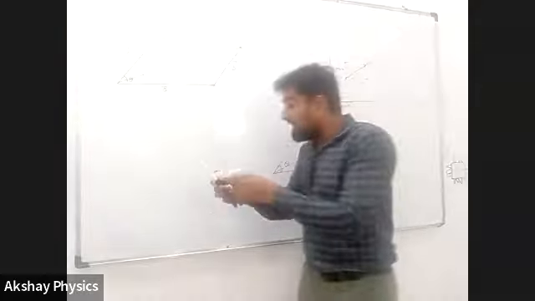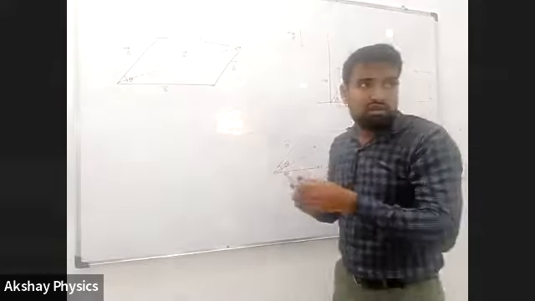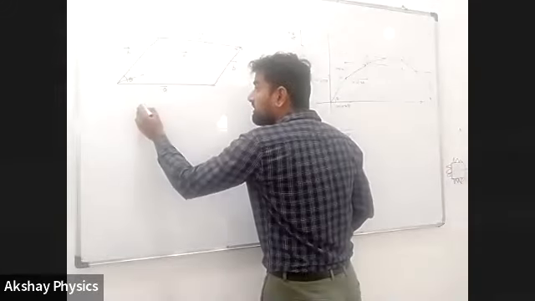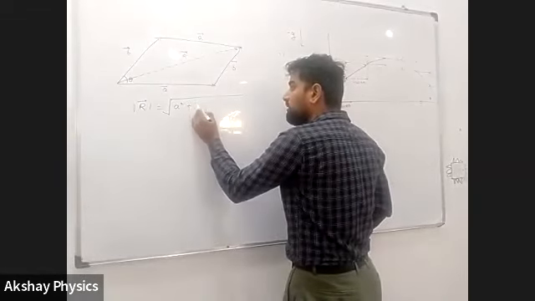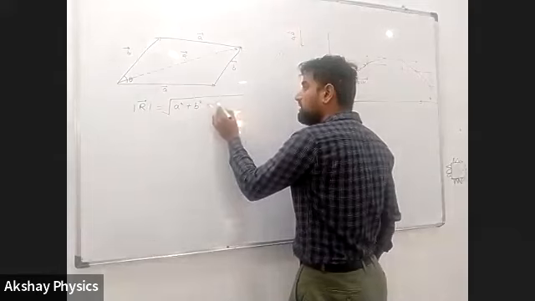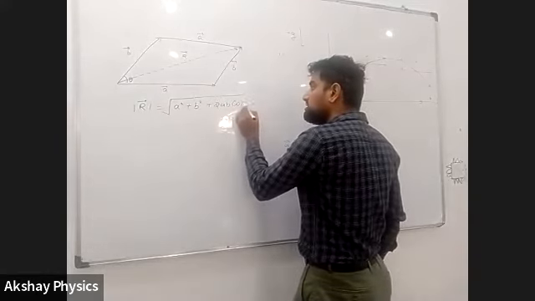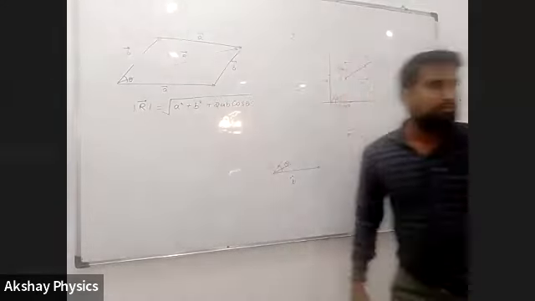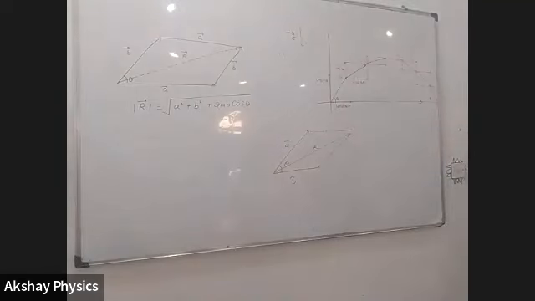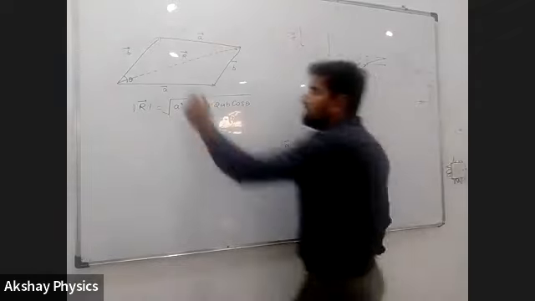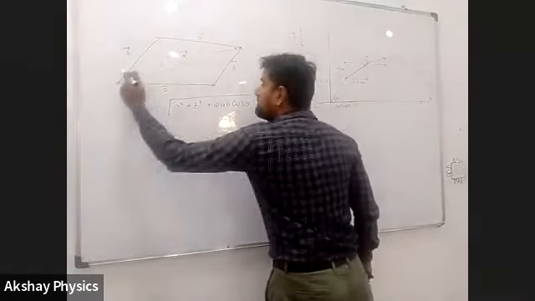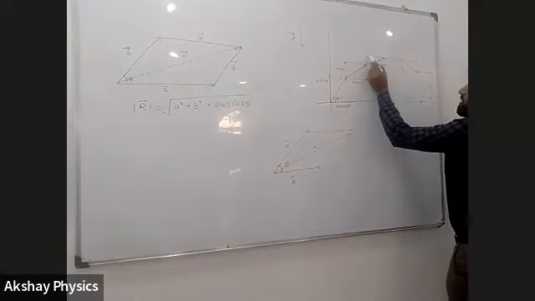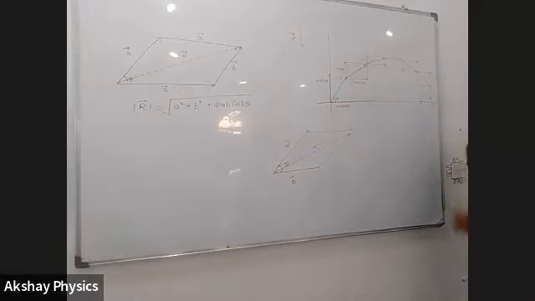The resultant vector's magnitude is equal to the square root of A squared plus B squared plus 2AB cos theta. This is a very simple formula. No need of derivation, just a direct rule. If there are two vectors, this is A and this is B, then the resultant vector will be like this.